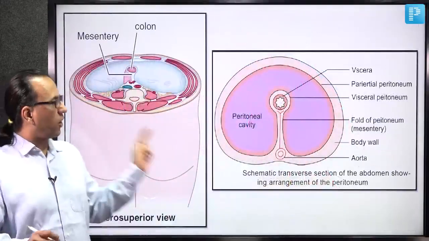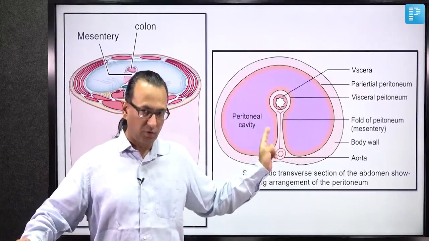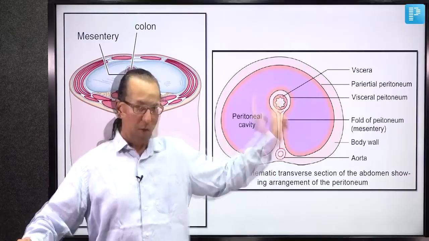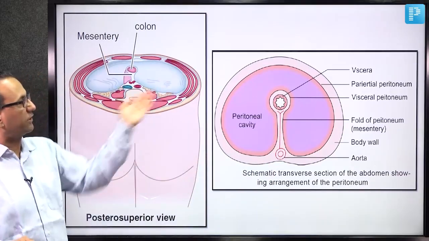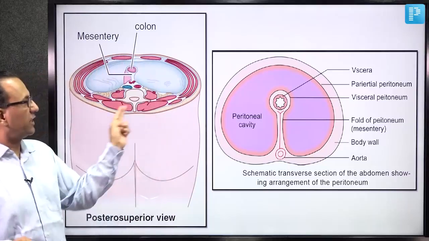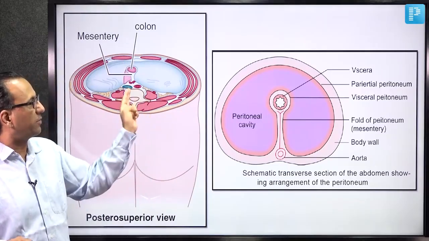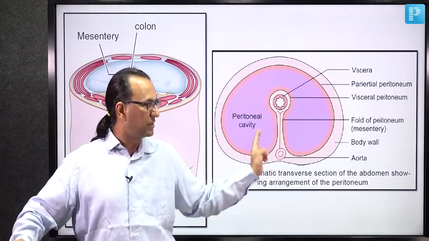Now, let us talk about the development of the mesentery, which is a double fold of peritoneum to carry the neurovascular bundle towards the various abdominal viscera. Here you are looking at the transverse section of the abdomen region, showing the lumbar vertebra. In front of that is the abdominal aorta, sending some branches to supply the gut tube, and those branches are carried by the mesentery.